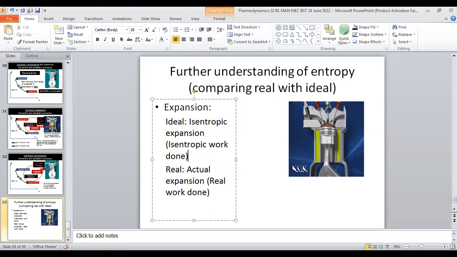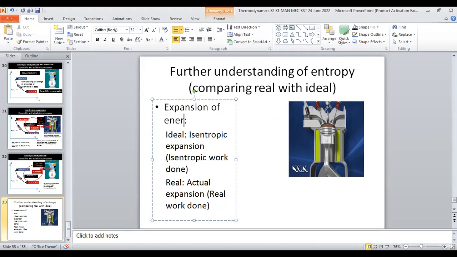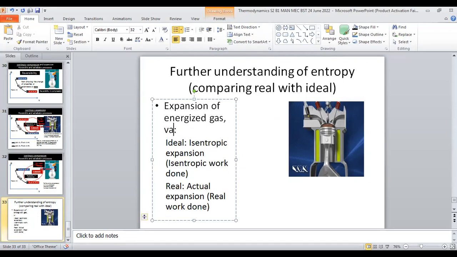Of course, in the expansion, this working fluid or energized gas, or vapor, or whatever we call it, working fluid.